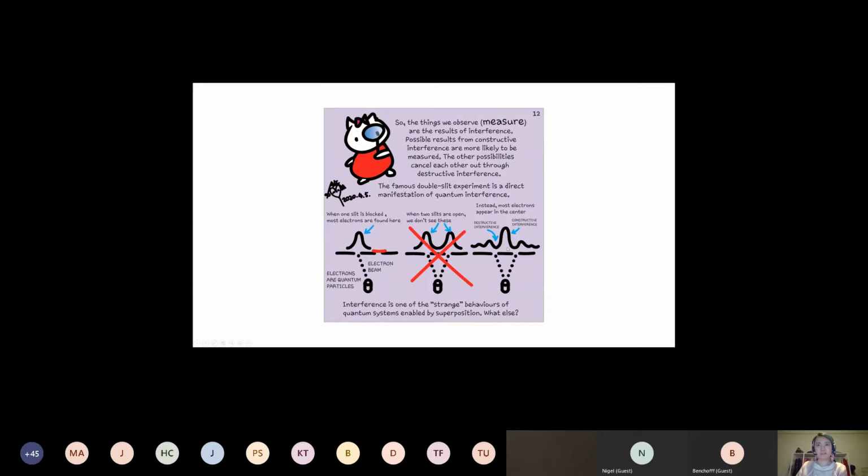And it could even have destructive interference very close to where the slits are, and you see a dip. And in the center where they have constructive interference, you will see most electrons. That's really cool. That is a direct manifestation of quantum interference. And we conducted an experiment to discover this.